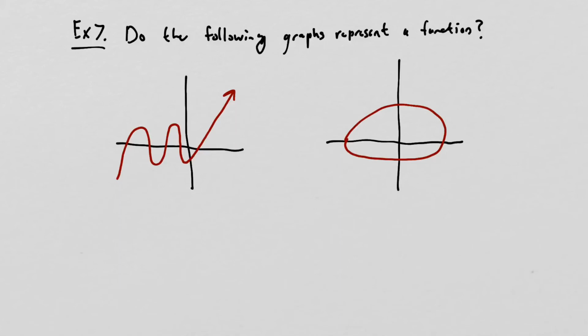So let's go ahead and apply the vertical line test to both of these graphs. So we're going to go ahead and just draw vertical lines throughout random points on this graph.